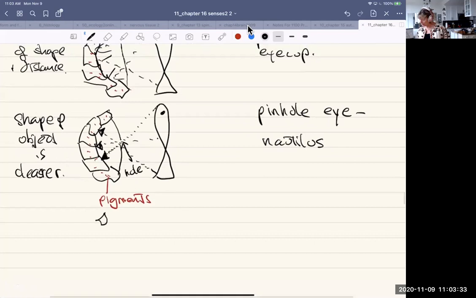And so the last one I want to show you, we still have an eye cup. There's tissue at the back. So we're going to call this tissue retina. Here's the membrane with the hole. Here's the fish.